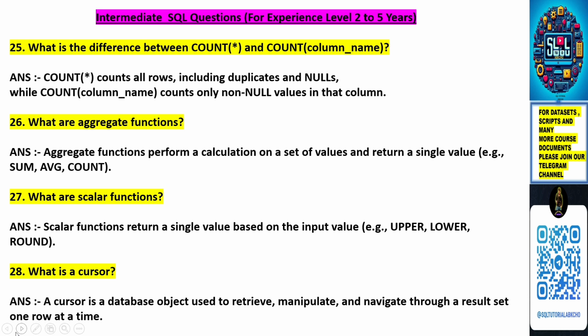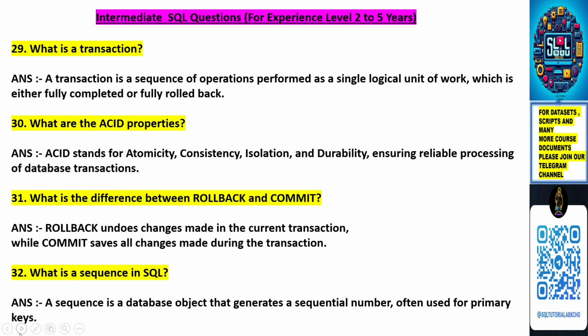Basically, when we need a result set where we need to process rows one by one, in those cases we use the cursor. So the cursor is a database object which is used to retrieve, manipulate and navigate through a result set one row at a time. Okay, so this is clear. Now move on to the next question. Next we have the 29th question.